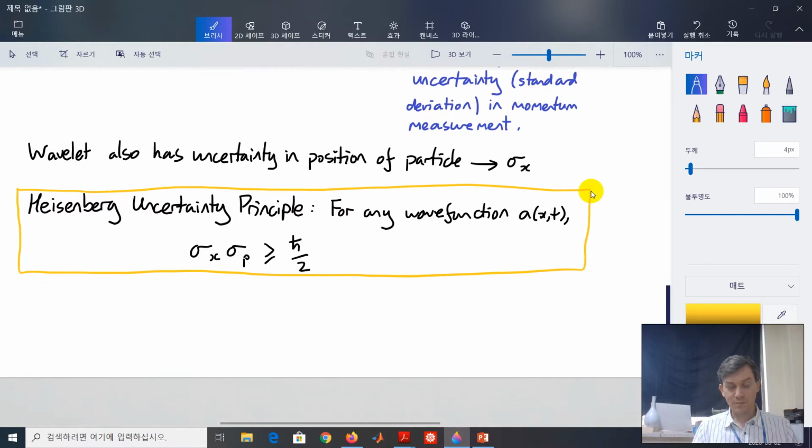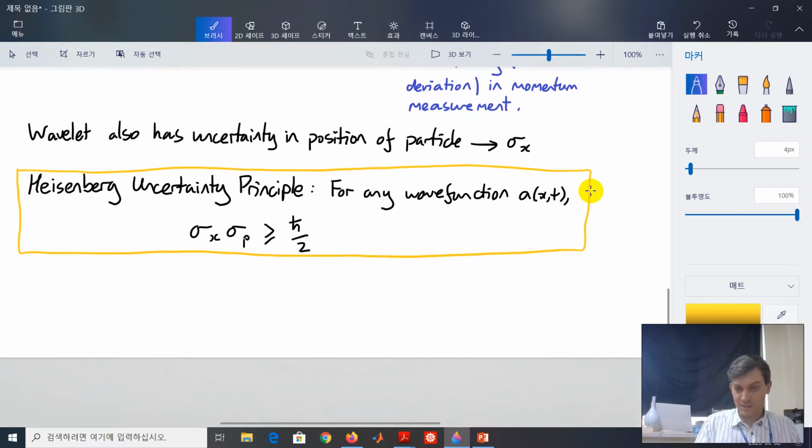This is something you can understand in terms of wavelets quite nicely. Imagine I want to have a wavelet which has a very small uncertainty in the position of the electron. That means I would take the envelope to be very sharp, something like this.